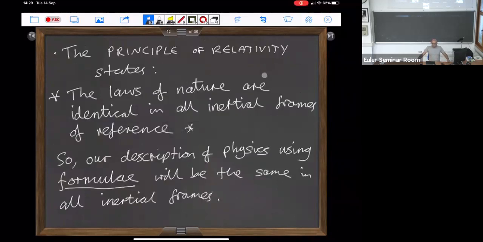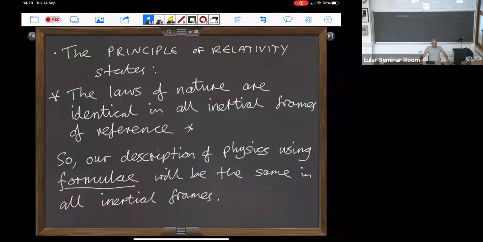Okay, so Einstein's special theory of relativity is based on the relativity principle and one other assumption. The relativity principle is the statement that the laws of nature are identical in all inertial frames of reference.